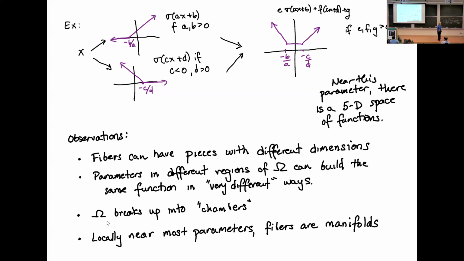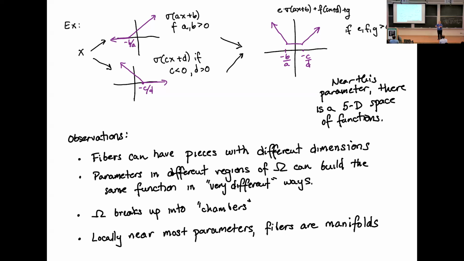Another observation is that because of these thresholds, our parameter space breaks up into chambers according to which neurons are active and not active. Within a chamber, we're essentially looking at linear maps.